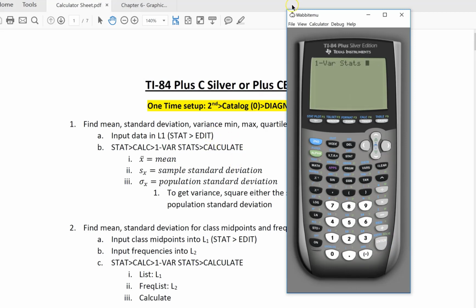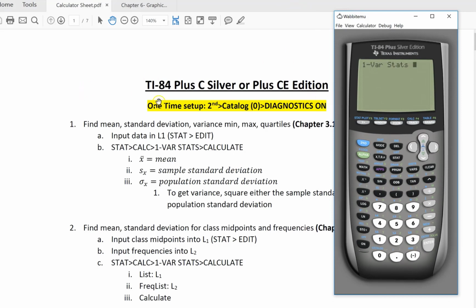Notice my calculator on the screen is not a C Silver or a CE edition. I'm going to use this edition just because the library rents these out. That way you can see it done here. If you have this edition, it is going to be set up nice and easy for you.